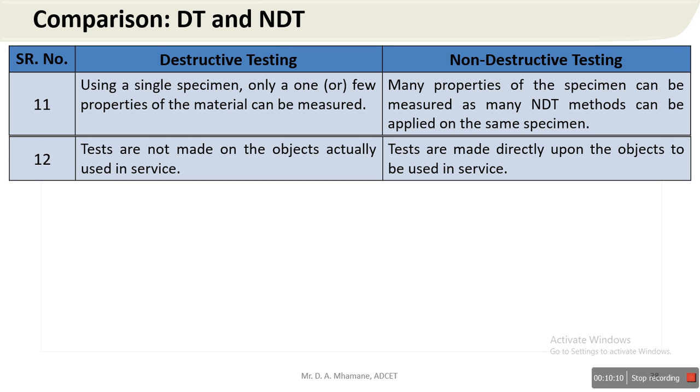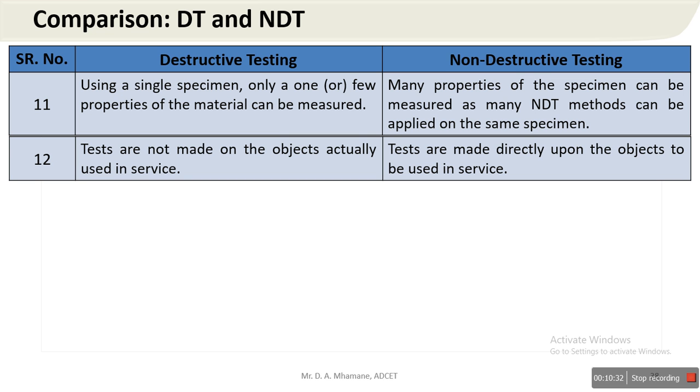Means suppose there is a component which is already assembled in nature, and it is impossible to get that component from the assembly and check. So in that case, destructive testing methods are not useful.